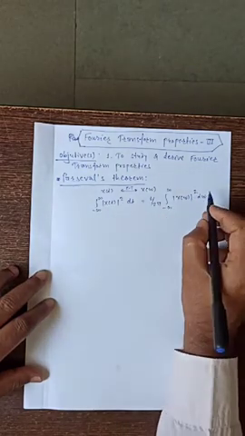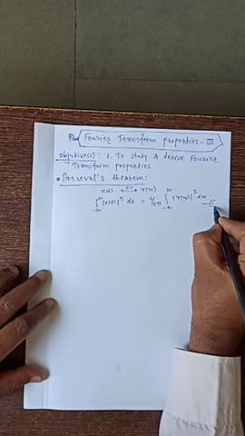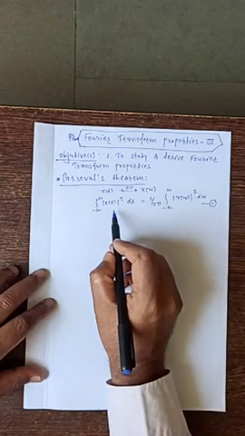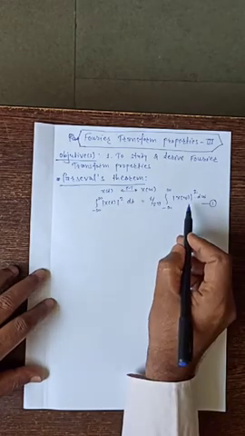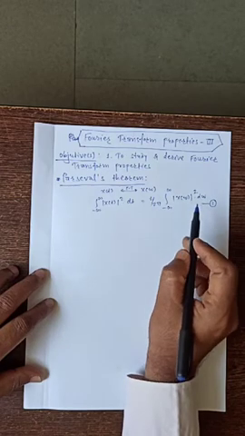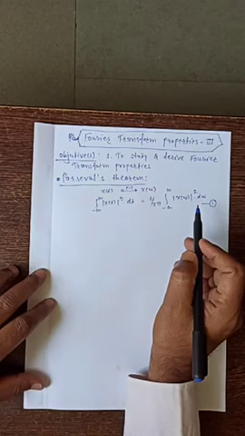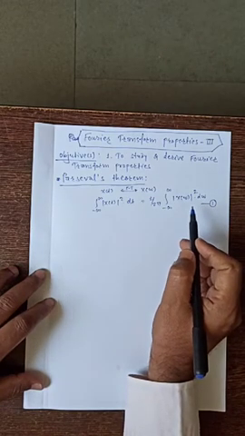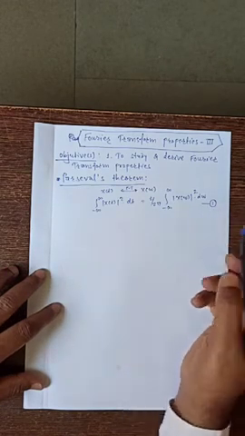So this is called Parseval's theorem. This is the energy represented in the time domain, and this will be the equation of the energy in the frequency domain. So we'll carry out the operations to derive this proof.